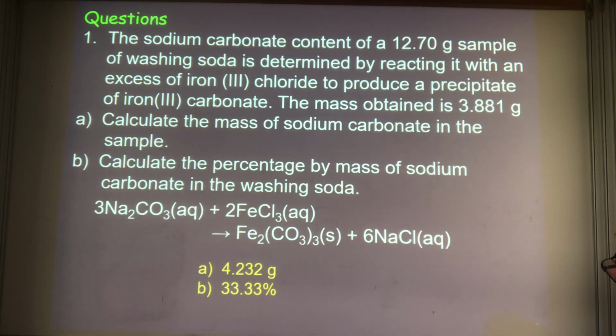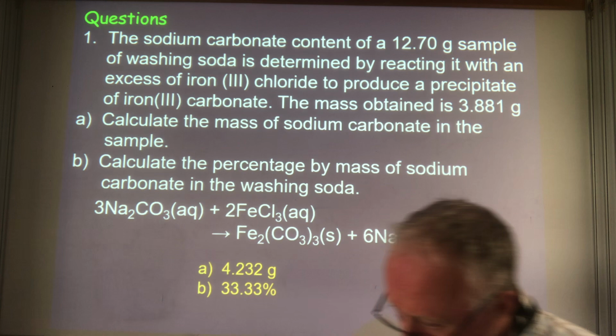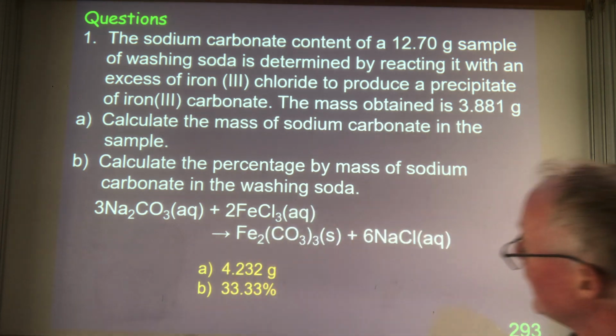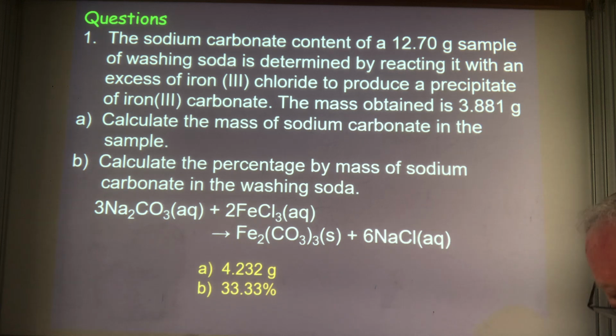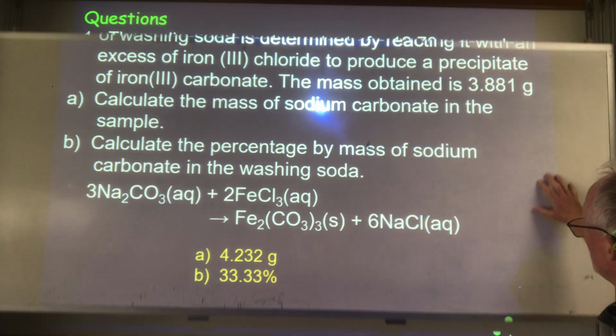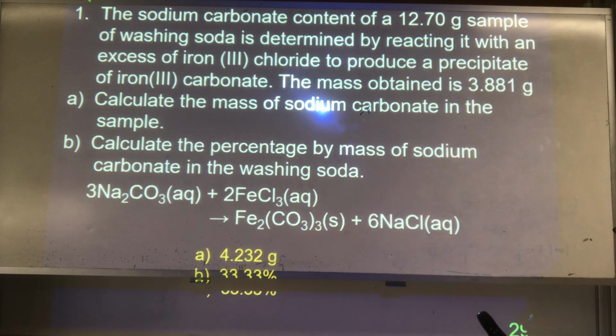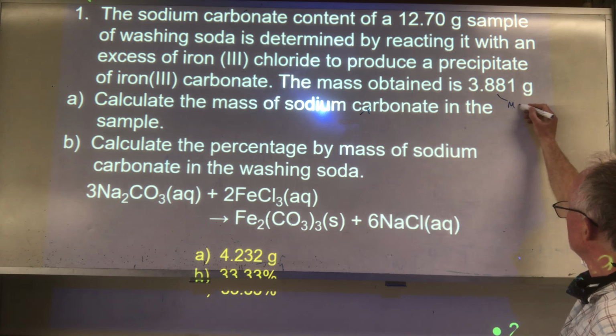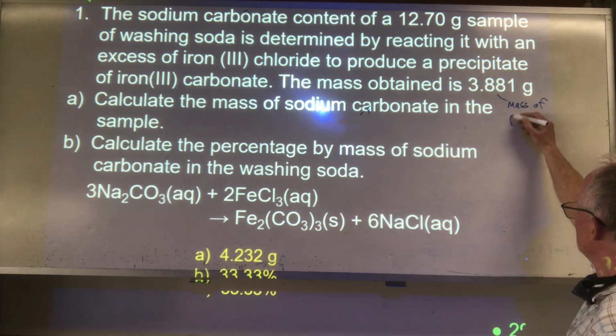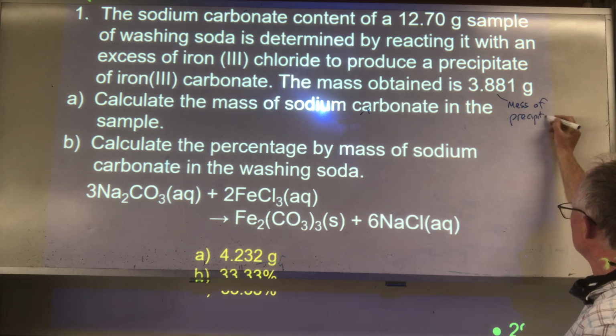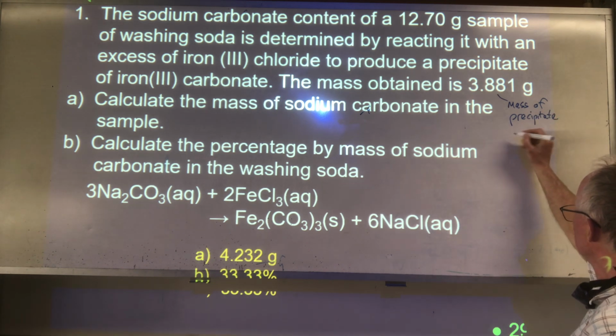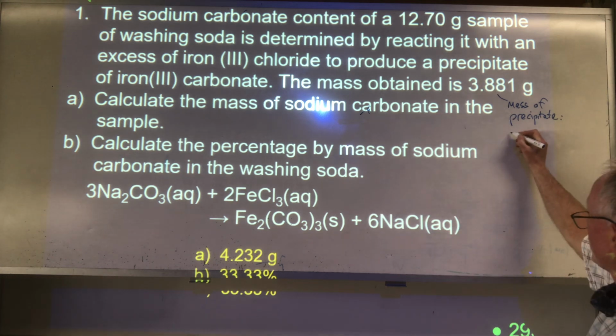Then on to a question. Now, what's our mass of precipitate? So our mass of precipitate in this case is the 0.3881. So we're going to calculate moles of that.